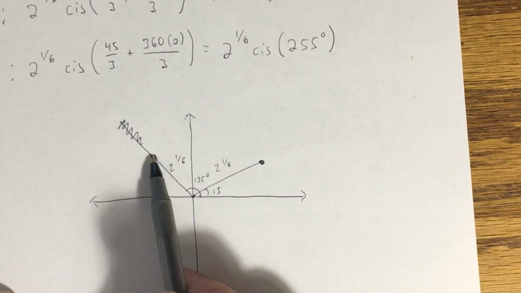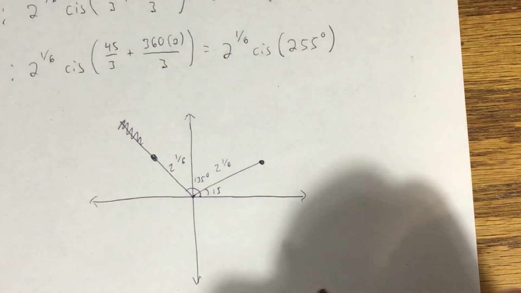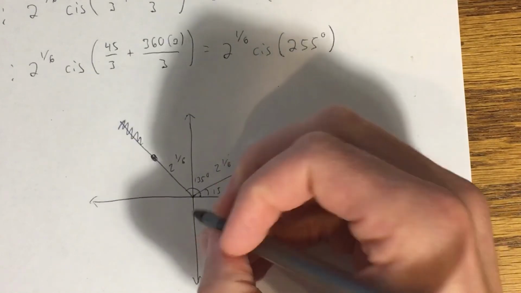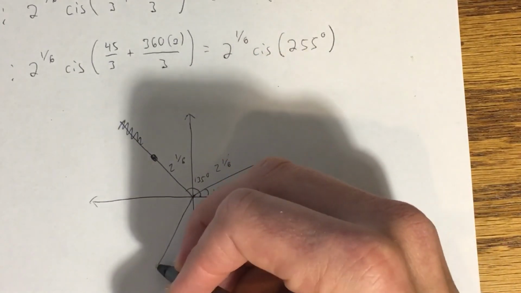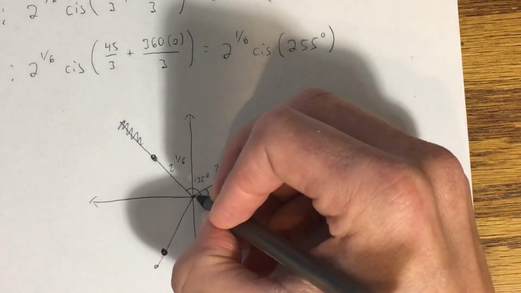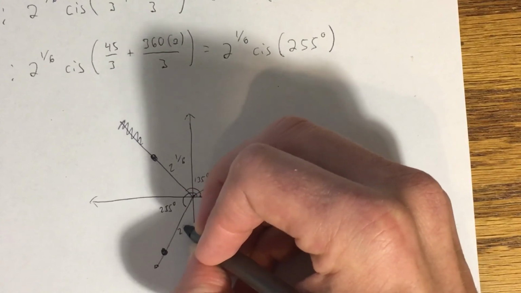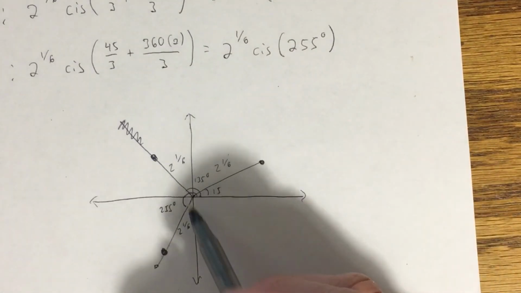And I can tell I didn't make that the right distance, but just bear with me. I'm doing this freehand. And then finally, 255 is going to be down here somewhere, or more like there. That makes an angle of 255 degrees, and again, the length is 2 to the 1/6 power.